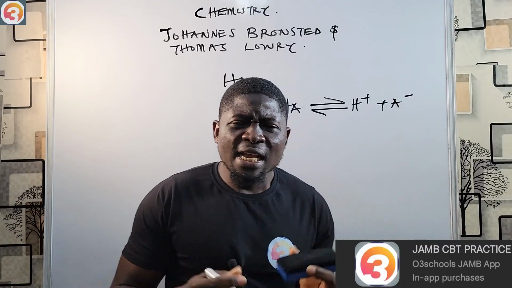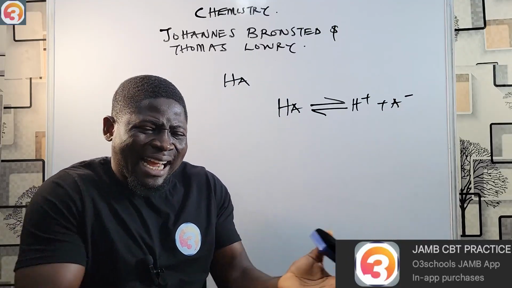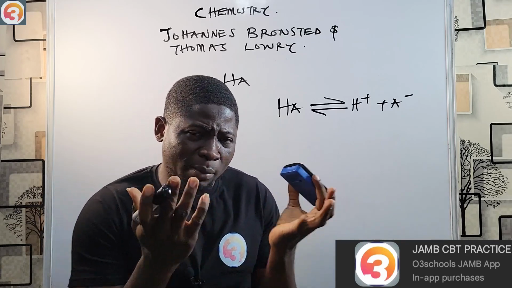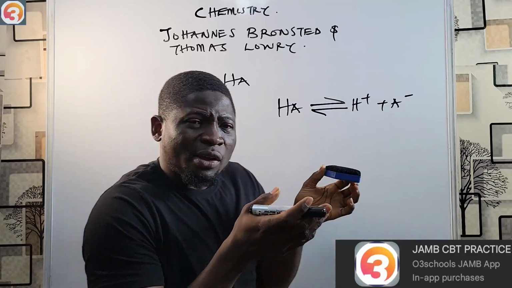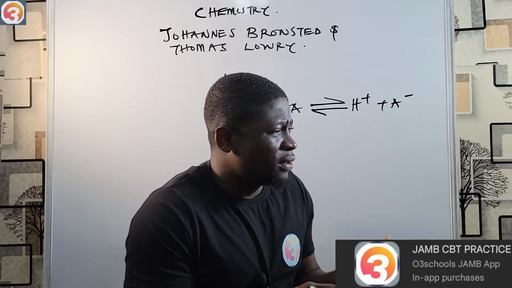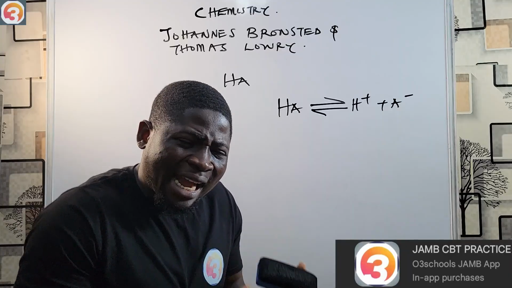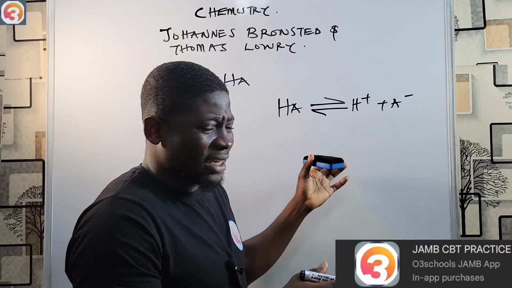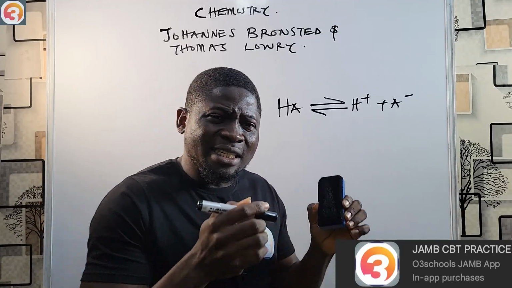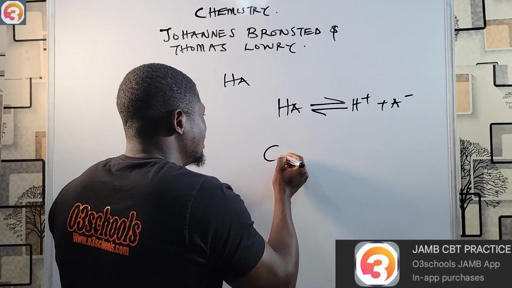Also, a base can accept just one proton, and then an acid will be formed. The acid that is usually formed from this kind of reaction is called the conjugate acid.